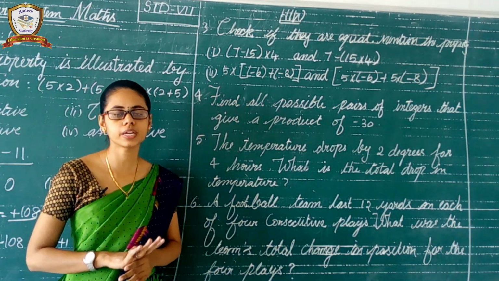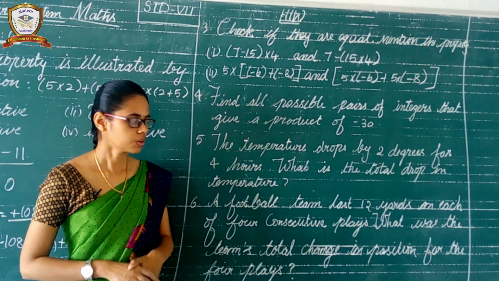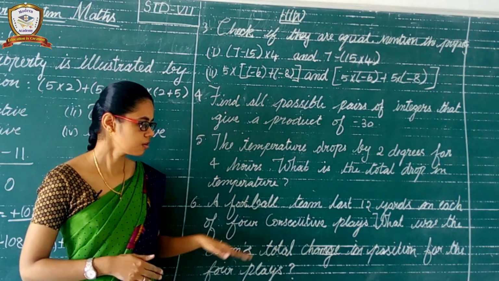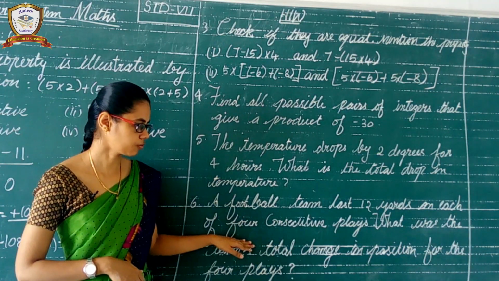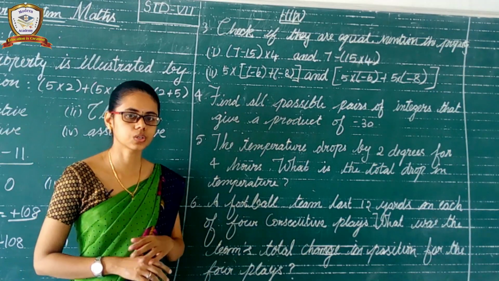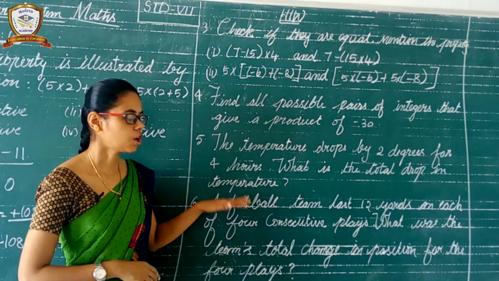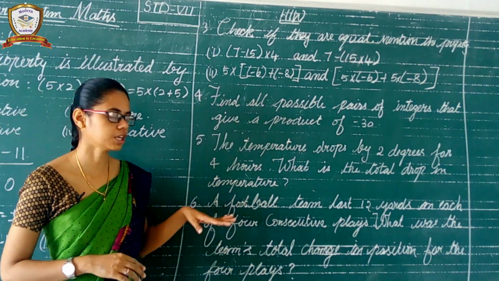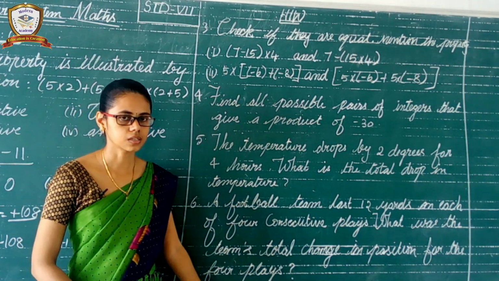Okay, so 4 consecutive plays means next. So finally we have to find the total change in position for 4 plays, which means 4 into 12. Okay, lost means what? Minus, isn't it? So we have to find 4 into minus 12. So we get the answer.